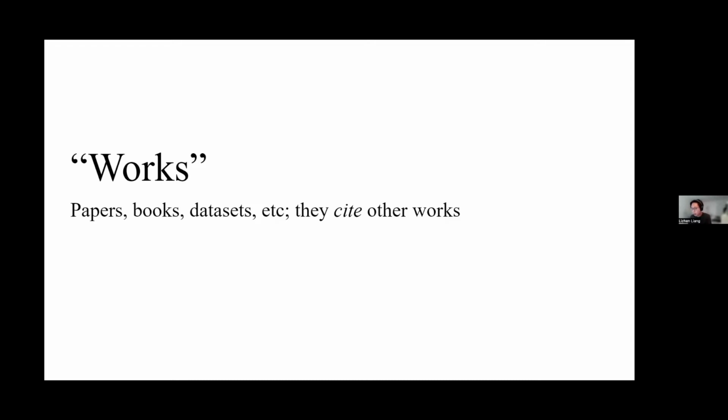But for OpenAlex, we have works, which represent not just papers, but also books and datasets, which are usually underrepresented in other scientific datasets. And I think it's a very good resource. OpenAlex is very open in the sense that they not only open their dataset, but also their code to scrape data. And they also have very good documentation.